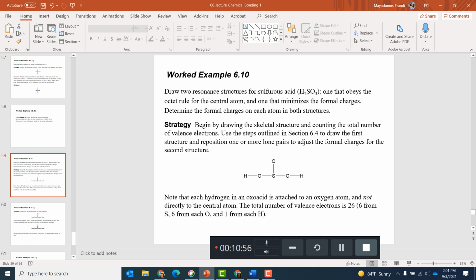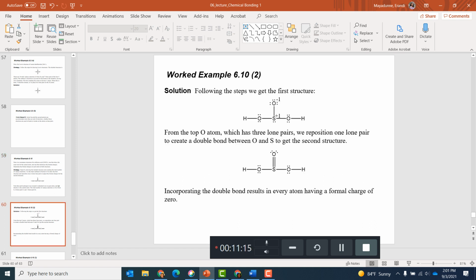So sulfur, you'd write SO3 2-, because you have two negative charges, so sulfur with three oxygens, and then two hydrogens attached to the oxygens. And then this is one structure, and then you calculate the formal charges.